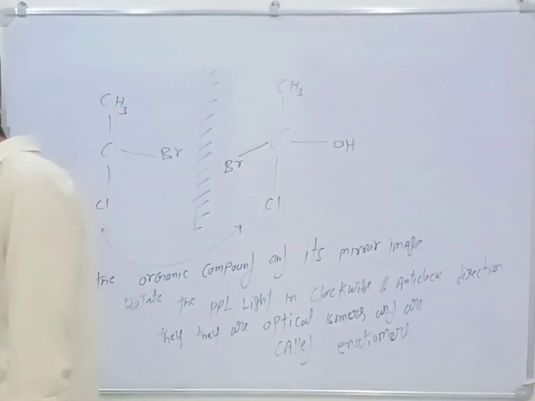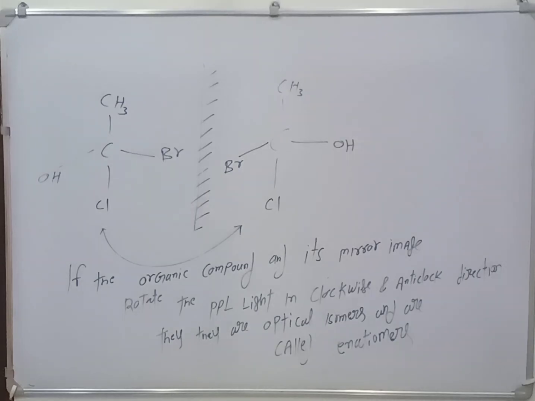Okay. So if the organic compound and its mirror image are rotating the PPL light in clockwise and anti-clockwise direction, then both are called enantiomers.